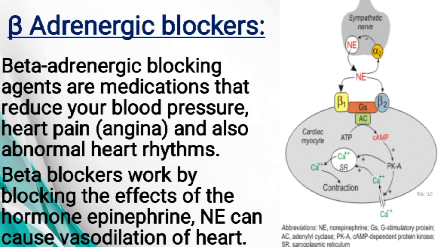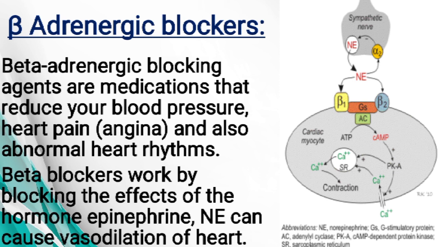The mechanism of beta adrenergic blockers: beta adrenergic blocking agents are medications that reduce your blood pressure, heart pain, that is angina, and also abnormal heart rhythm. The beta blockers work by blocking the effects of hormones, meaning epinephrine and norepinephrine, which can cause vasodilation of the heart.